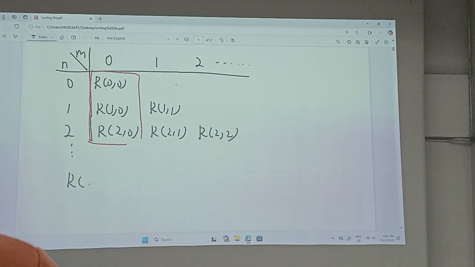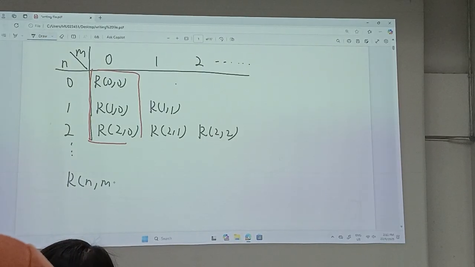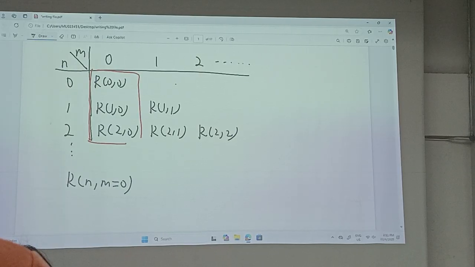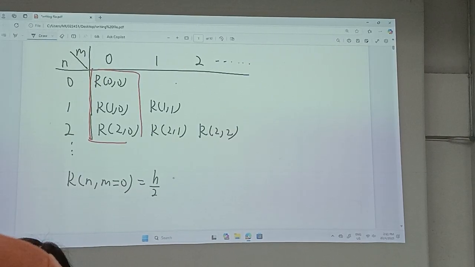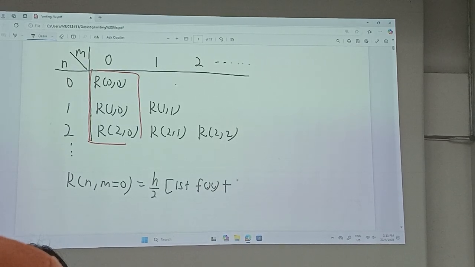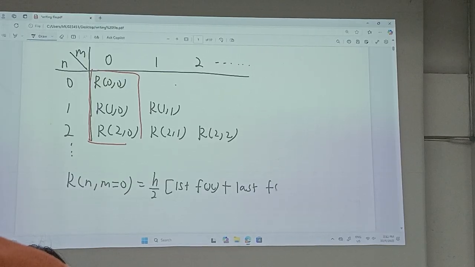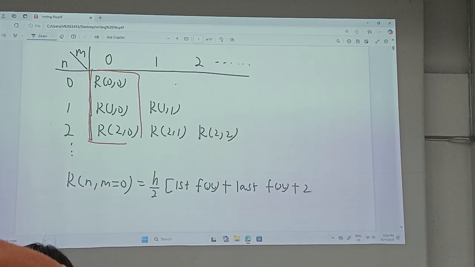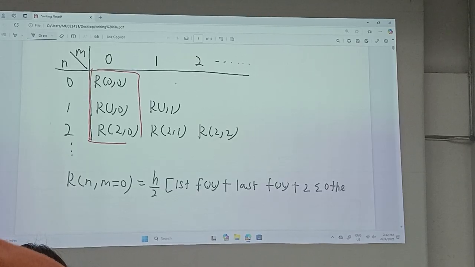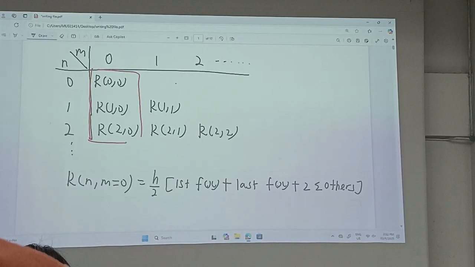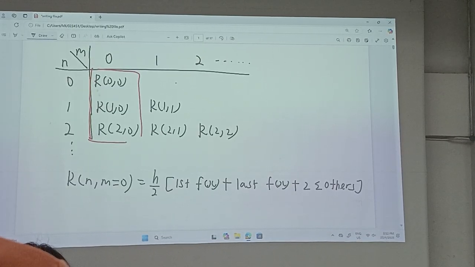So for the first column we use this formula: h over 2, first f(x) plus the last f(x) plus 2 times the summation of others. So for the first column, we use the trapezoidal rule to find all the values.